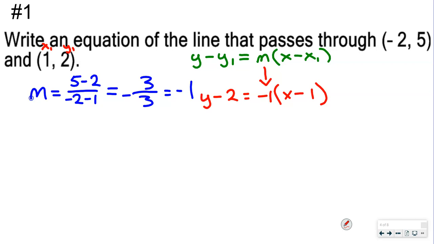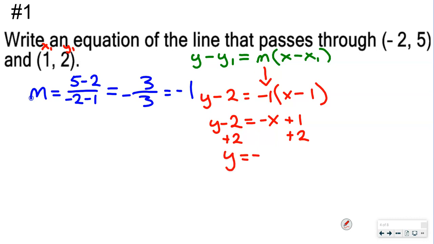So we just need to solve it out, combine our like terms, simplify, and then get it into our slope intercept form. So to get it in slope-intercept form, notice slope-intercept form is y equals mx plus b. So we need to solve for y. We want to get y by itself. So first I need to distribute this -1. So I'll bring down y minus 2 for now. We have -x, because -1 times x is -x. And then -1 times -1 gives me +1, and then I can add 2 to both sides.